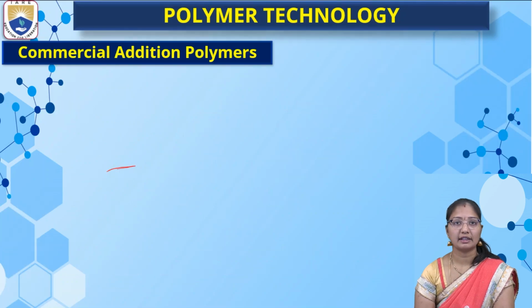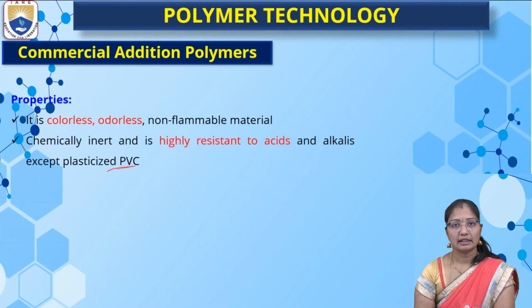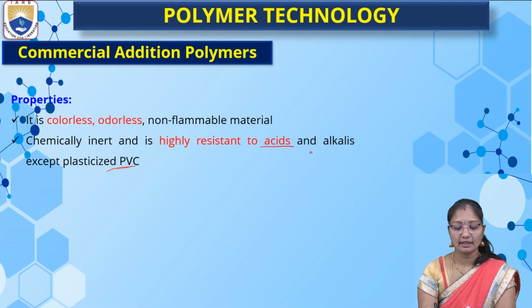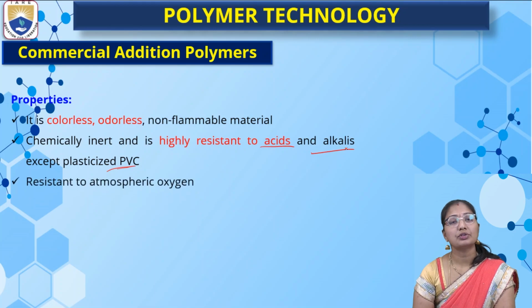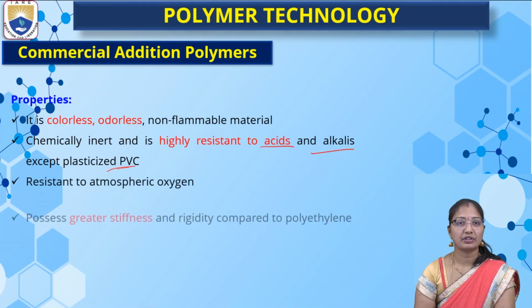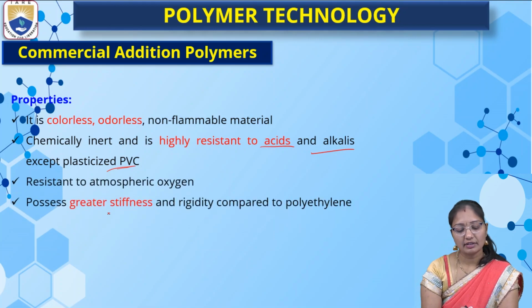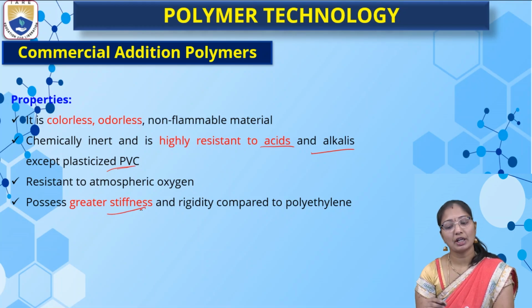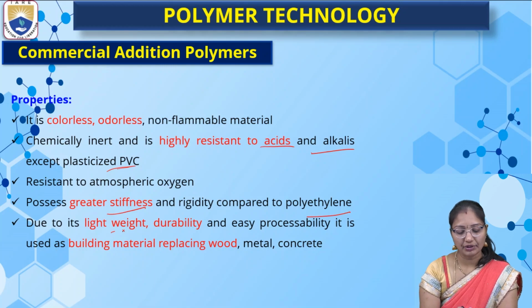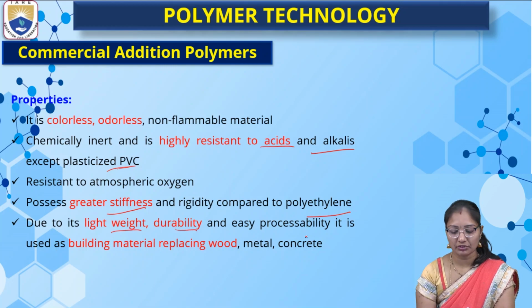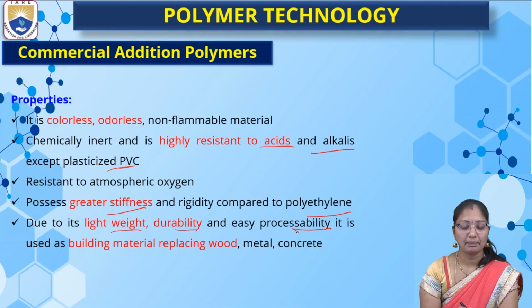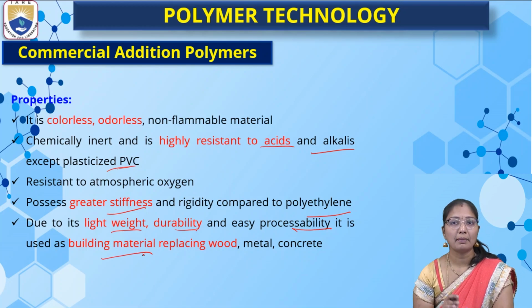They react easily. Inert means very high resistance to acids and alkalis. They are also resistant to atmospheric oxygen, and PVC possesses great stiffness and rigidity compared to polyethylene. Due to its lightweight, durability and easy processability, it is used as a building material, replacing wood, metal and concrete.